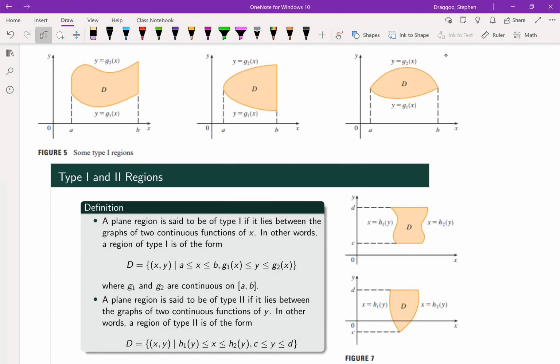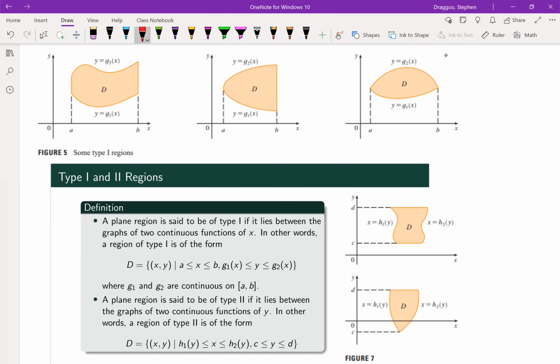So let's go with the definition of a type 1 region, which is bounded on top and bottom by functions of x. A plane region said to be type 1 lies between the graphs of two continuous functions of x. In other words, it fits that fancy inequality where y is stuck in between two functions, g1 and g2.